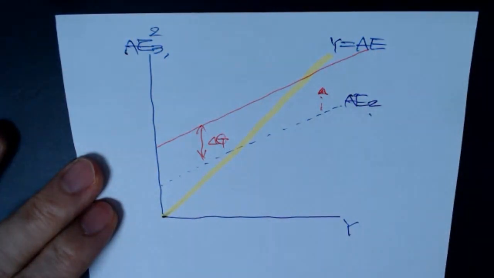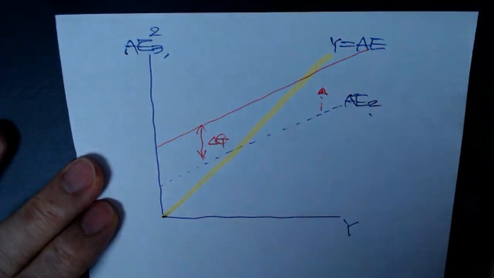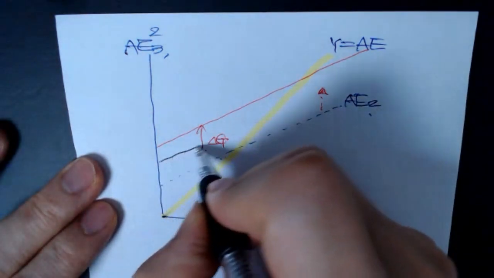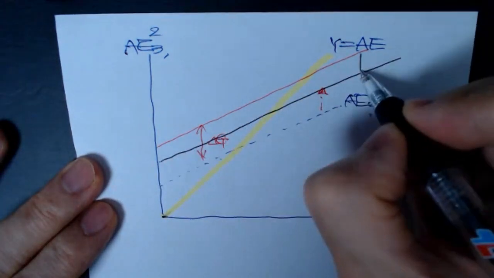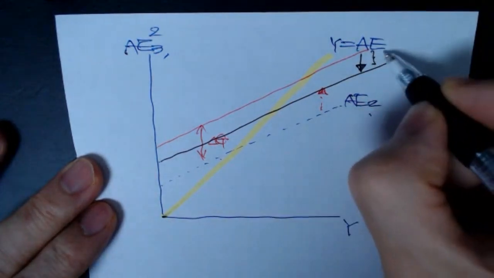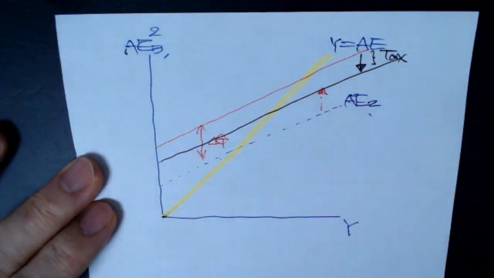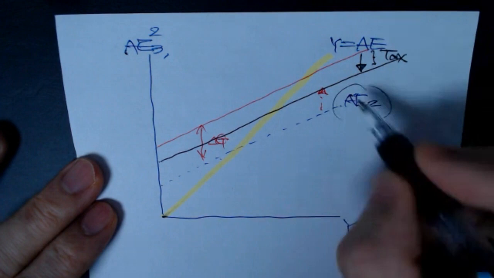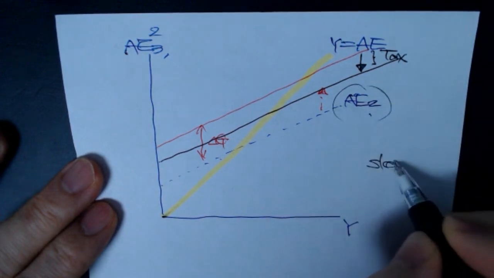But what did we say? Households and firms pay tax. So this increase in G is deducted by a certain amount. And this amount, you may say that this is a tax, right? But this is not all. At the same time, what happened? The slope will change.